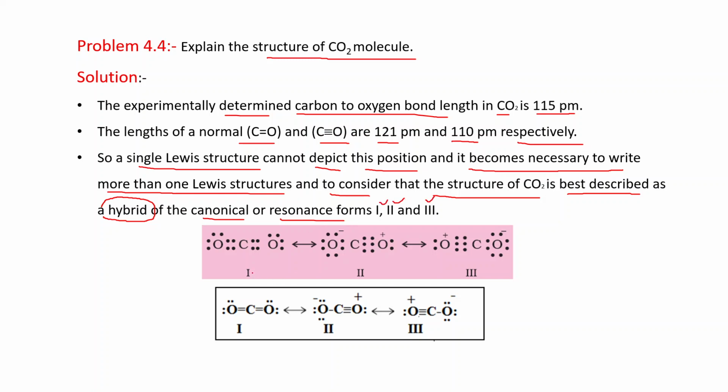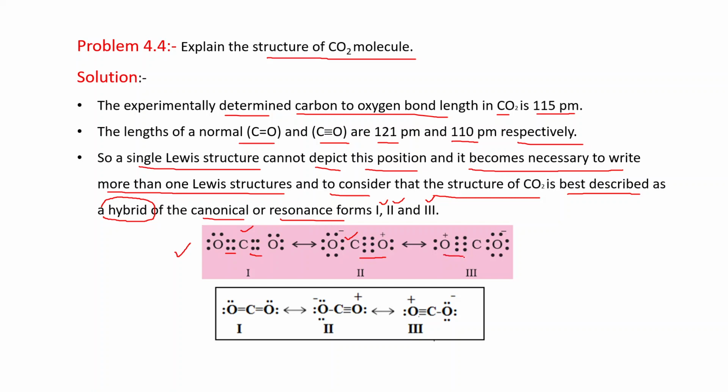You can see these are the resonating structures of carbon dioxide. In this structure, there is a double bond between carbon and oxygen. This is also a double bond. In these structures, there is a carbon-oxygen triple bond and a carbon-oxygen single bond. Now, in this case, the position of the triple bond is changed.